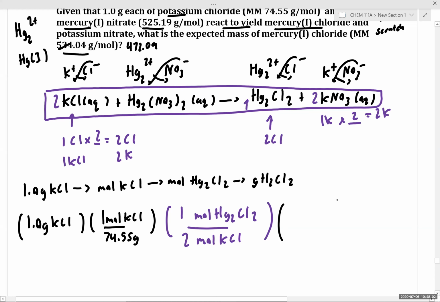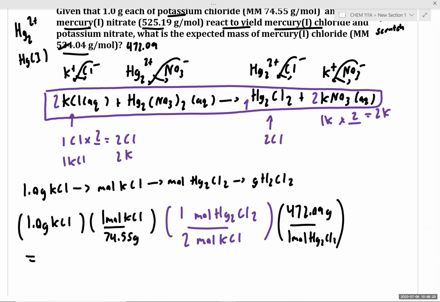Now, we also know based on our molar mass, we have 472.09 grams per every 1 mole of mercury 1 chloride. So if we punch that into our calculator, we have 1 over 74.55 divided by 2 times 472.09.